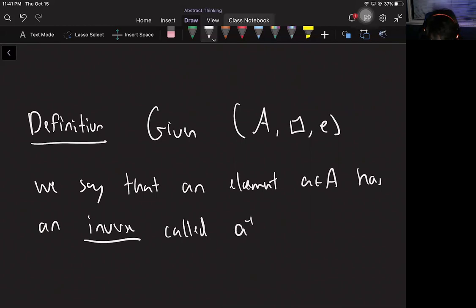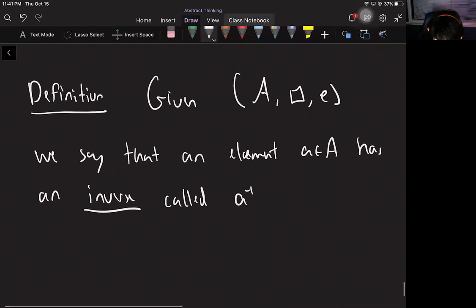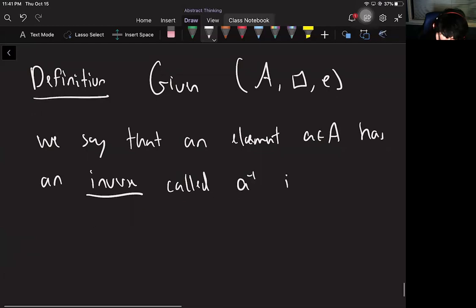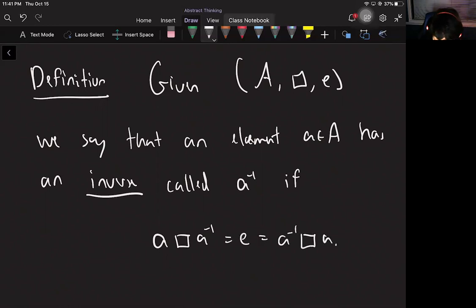People use this notation to mean the general inverse when you don't know a specific one you're talking about. And it's the inverse if, when you combine it using the operation, it takes you back to that identity, in either order.